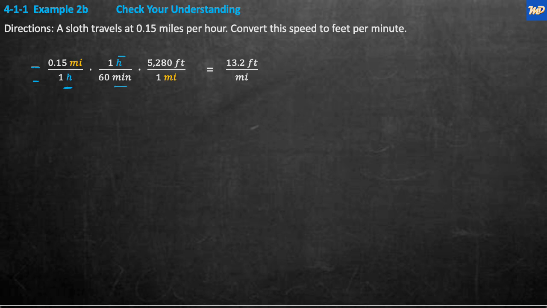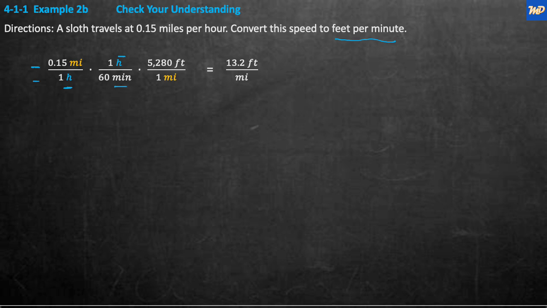So then we'd have 0.15 miles per 60 minutes, right? That's kind of what we're ending up with. We're going to be dividing 60 into this. Anyway, so then we also want to convert the miles to feet, to convert the speed to feet per minute. So how you do that is you put the feet on the top and get rid of the miles by putting the unit miles in the denominator.